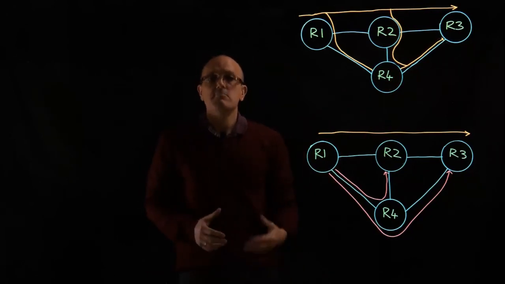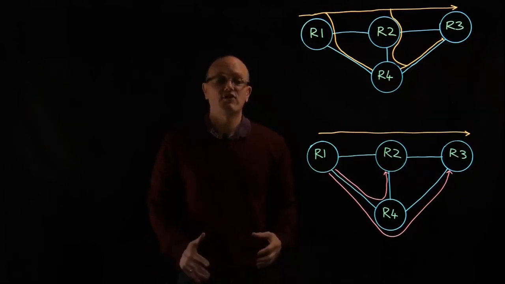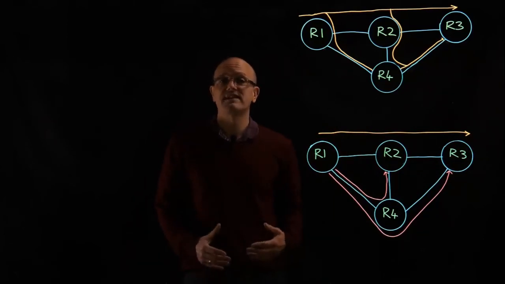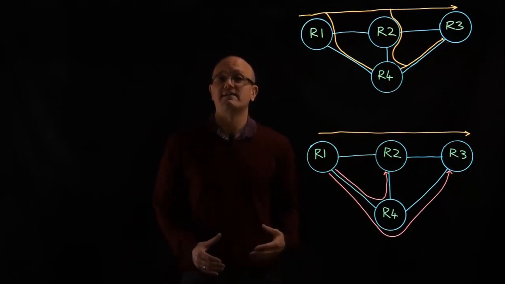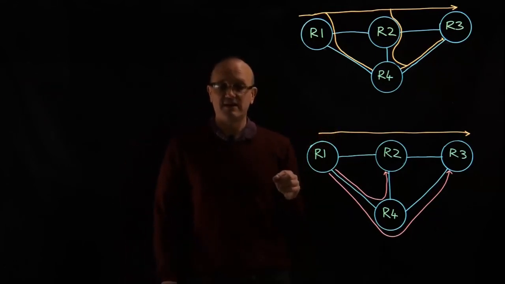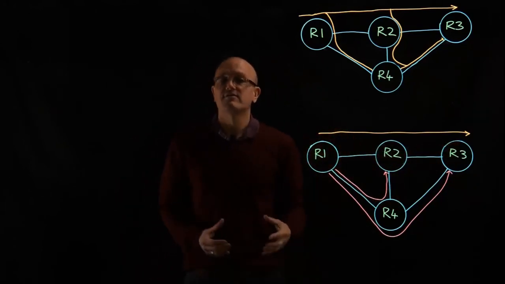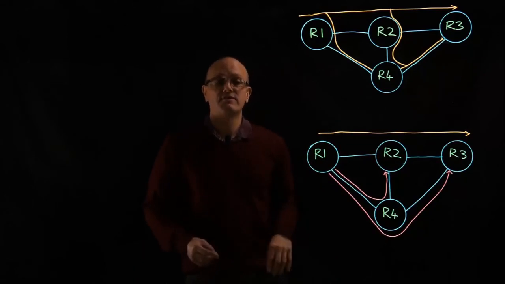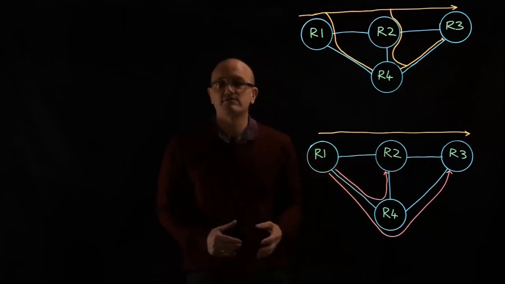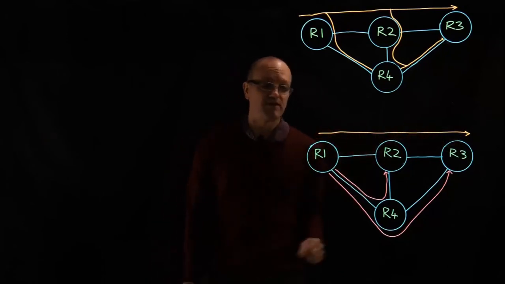So the more favoured approach to fast reroute within RSVP is what I've illustrated on the bottom side of the board, which is the use of facility protection, or link and node protection. We have an example LSP traversing R1, R2 and R3, and with facility protection, we have bypass LSPs that are pre-signaled and route around pieces of infrastructure that this LSP is traversing.